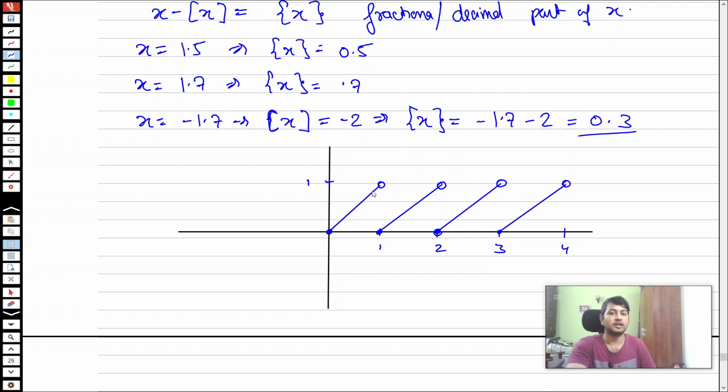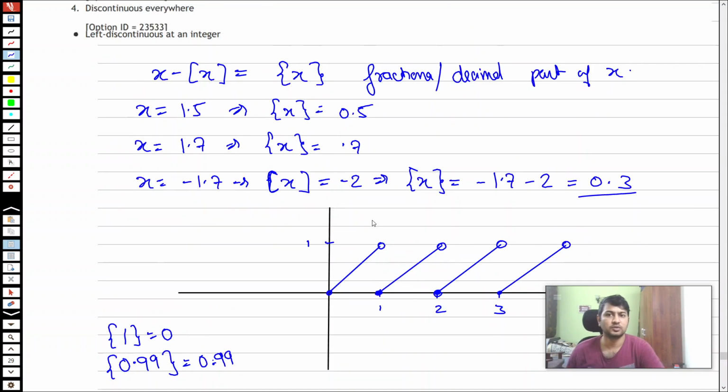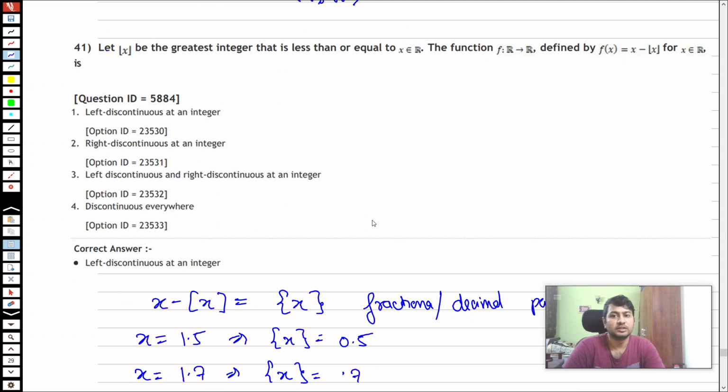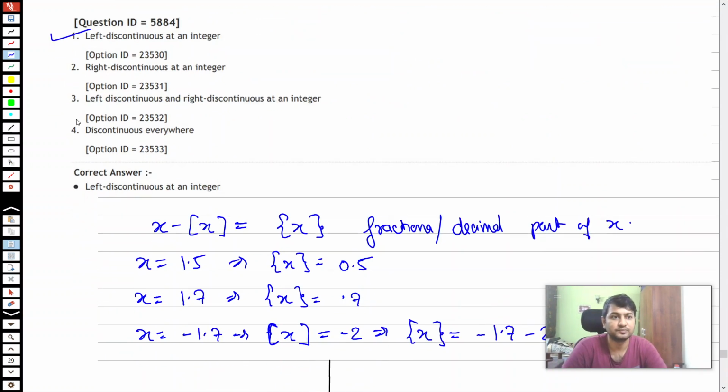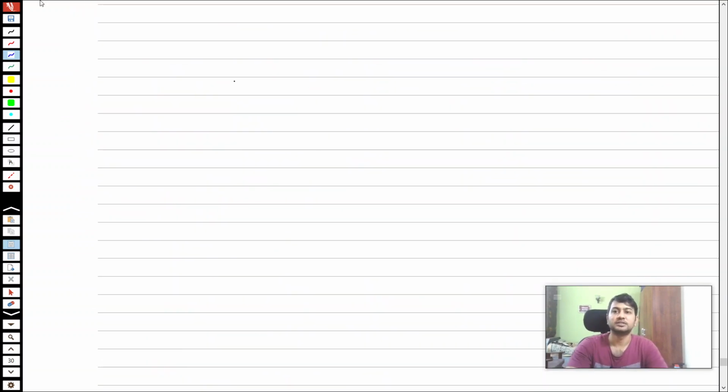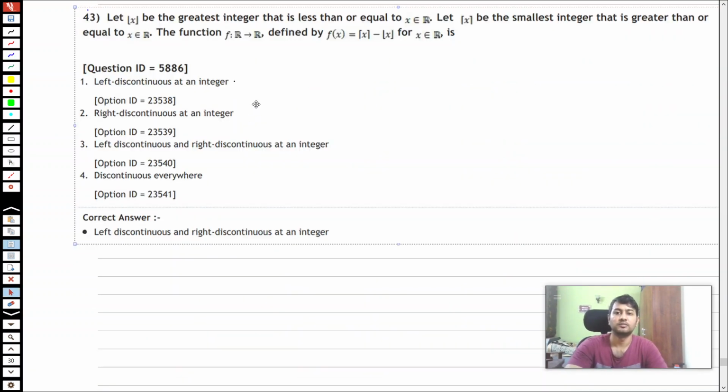When it reaches the value 1, the fractional part of 1 is 0, so at 1 it suddenly drops to 0, but the fractional part of 0.99 is 0.99. That is why there is a discontinuity. From the options, it is left discontinuous at all the integer values. Now let's look at the second part of this problem.